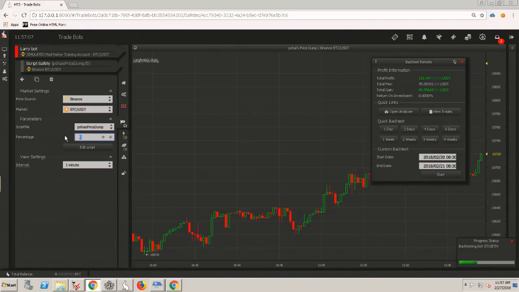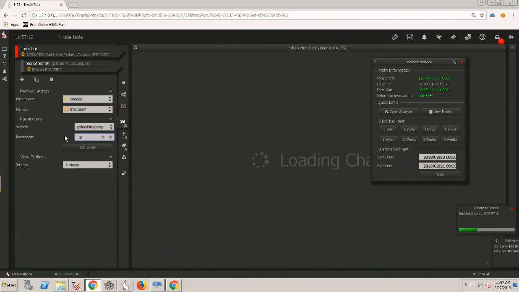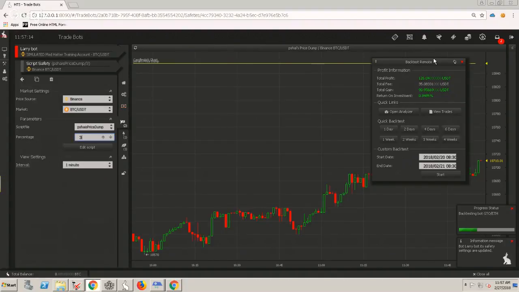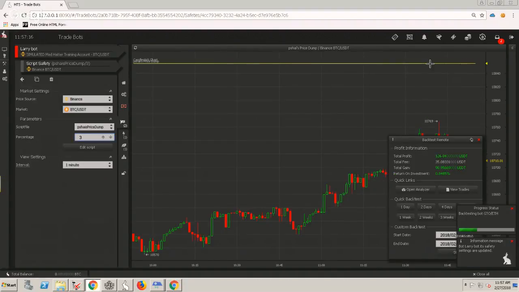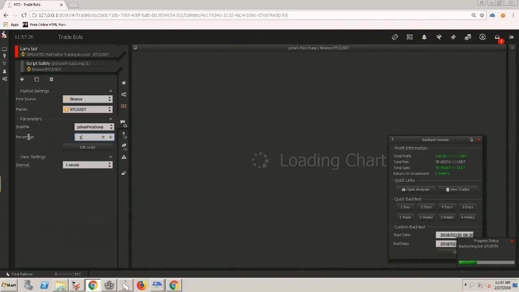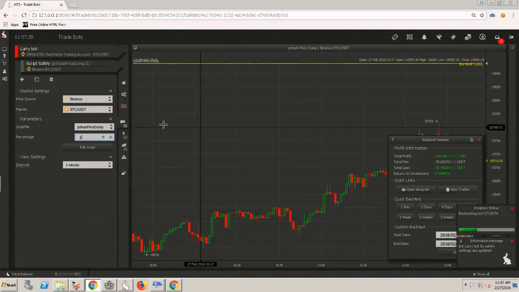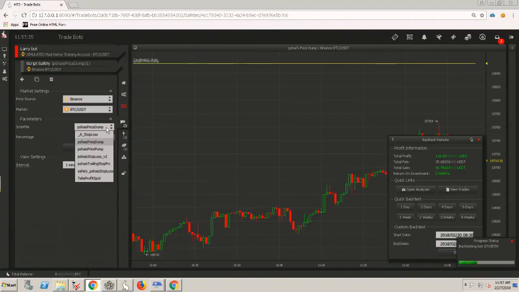Yeah, I haven't been able to use the script. I feel like I shouldn't even be messing with it right now because I can't see the buy and sell signals. So there's a said buy, 3%. Okay, I would go 1 just to see it do something. Even the trailing stop loss, I hear it works for some people, but for some reason it's not working for me.